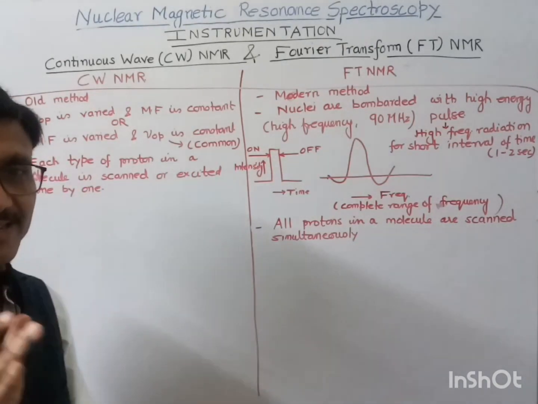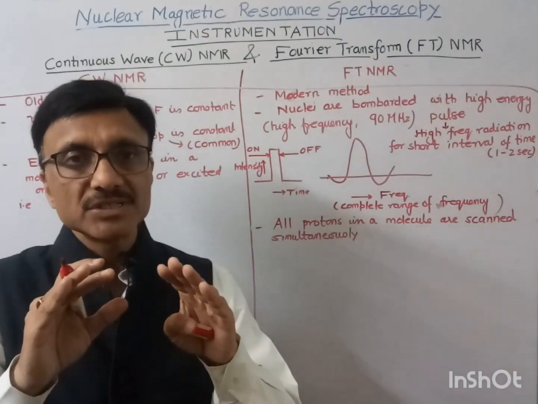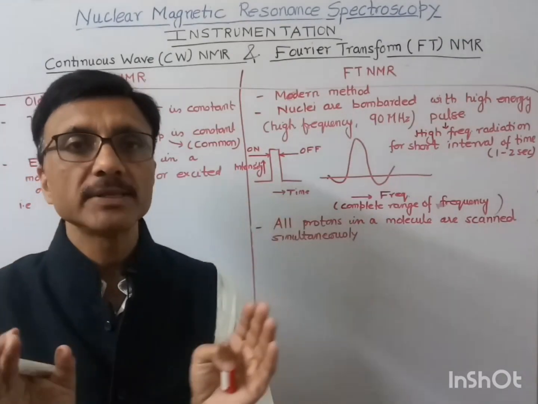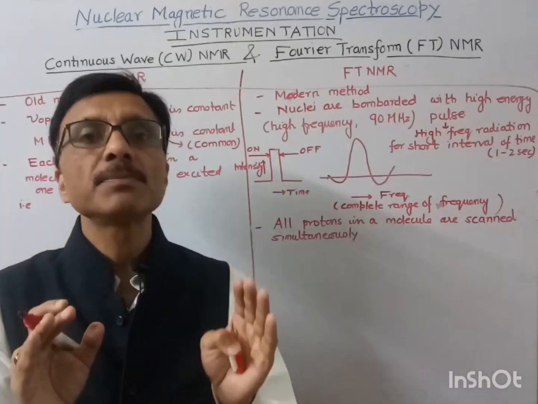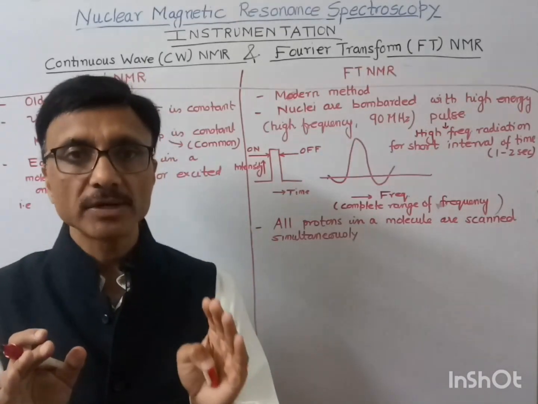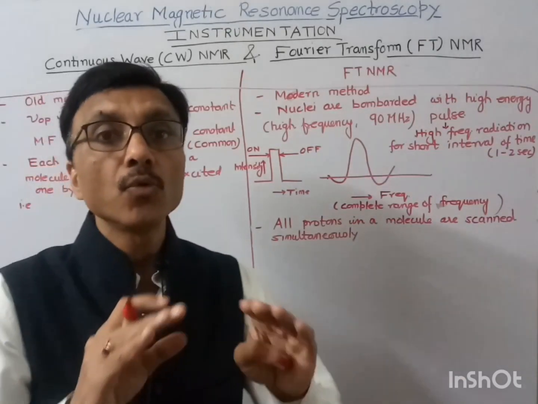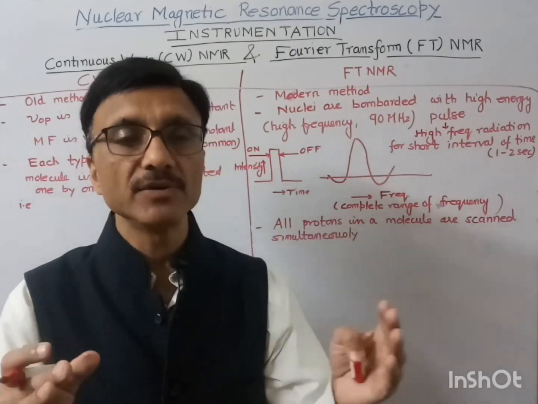The most de-shielded proton is scanned first. We know that protons are surrounded by electrons. If protons are surrounded by fewer electrons, it is called a de-shielded proton, and if surrounded by more electrons, it is called a shielded one.